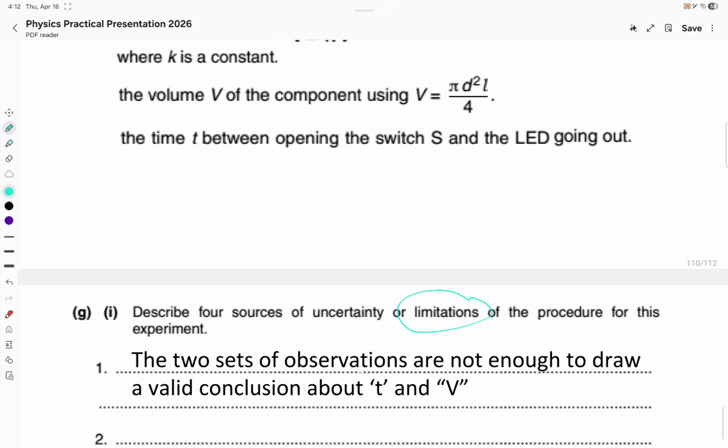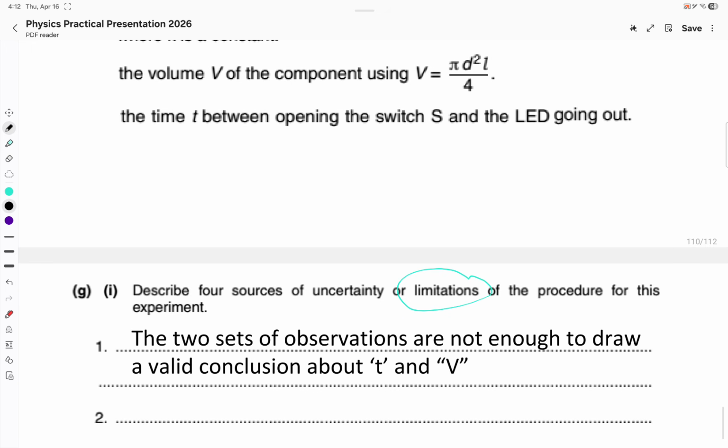The 2 sets of readings, how a student can write it down. The 2 values provided to me for K are not enough to validate a relationship.